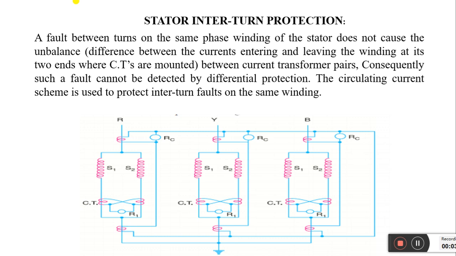In terms of current flowing, there will not be any change, because the entering current is 100 ampere through the R phase and the leaving current will also be 100 ampere. There will be a change only in the parallel paths, so there will not be any change in the current. So the sensing device will not be able to sense this type of fault. That's why stator interturn faults are very difficult to sense.